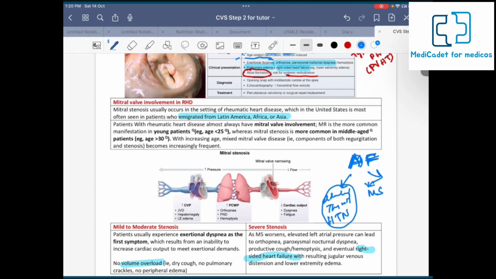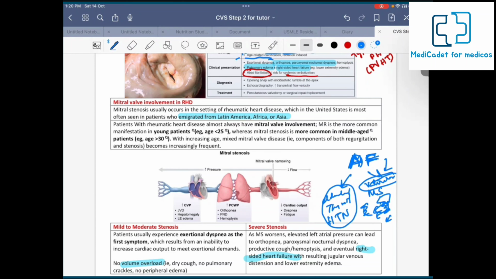But MS, a valvular cause, is also an important cause, because the valve will increase the pressure, the atria will dilate, and this remodeling will affect the conduction fibers, and they will start firing improper or irregular impulses that cause atrial fibrillation.